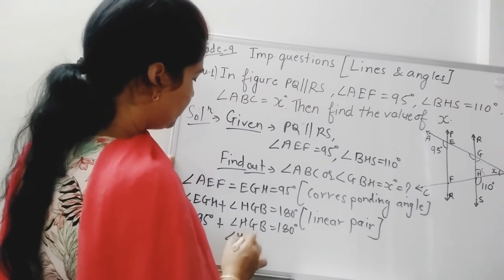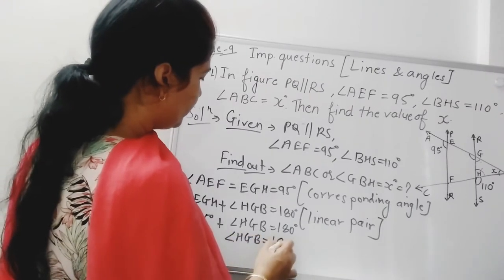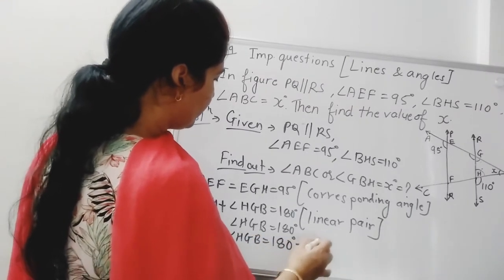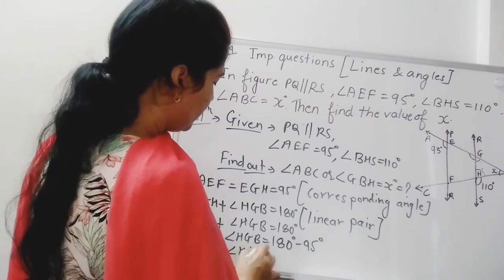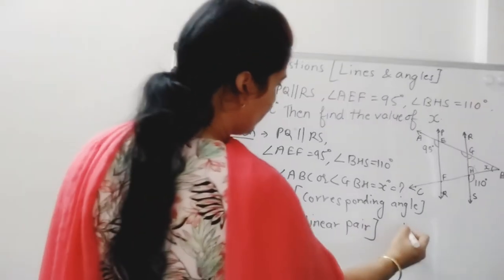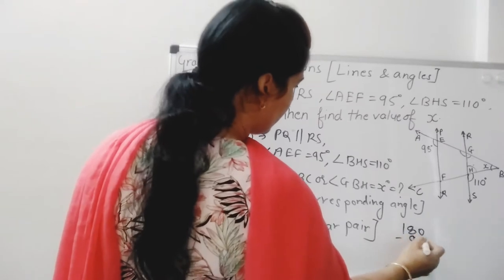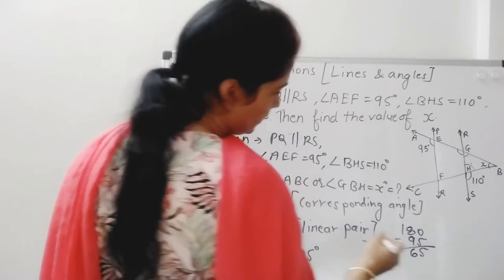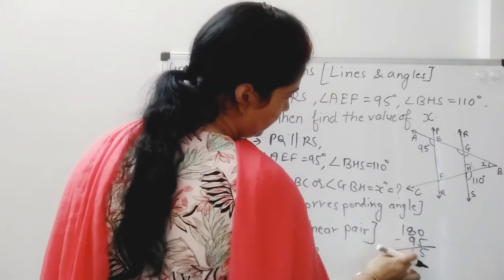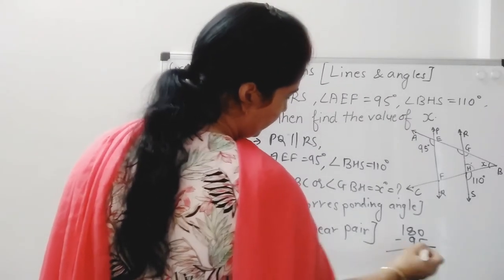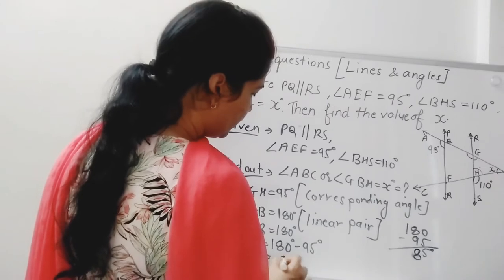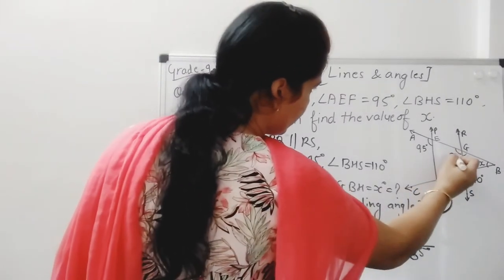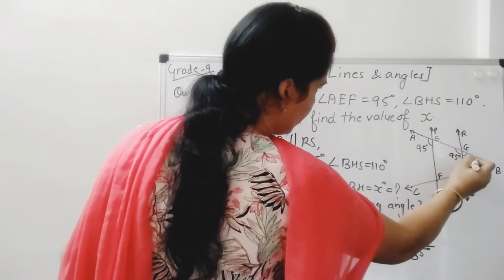So angle HGB will be 180 degrees minus 95 degrees, which is 85 degrees. So this is 95 and this is 85.